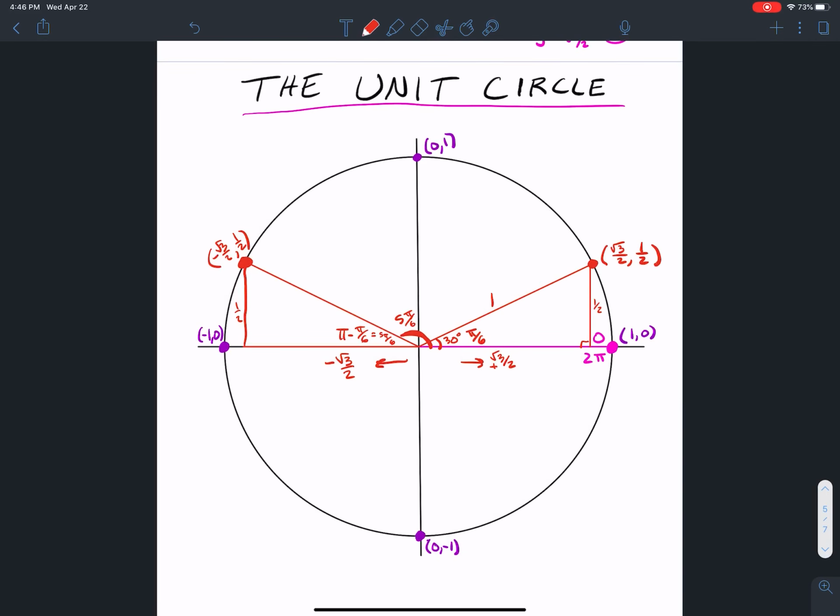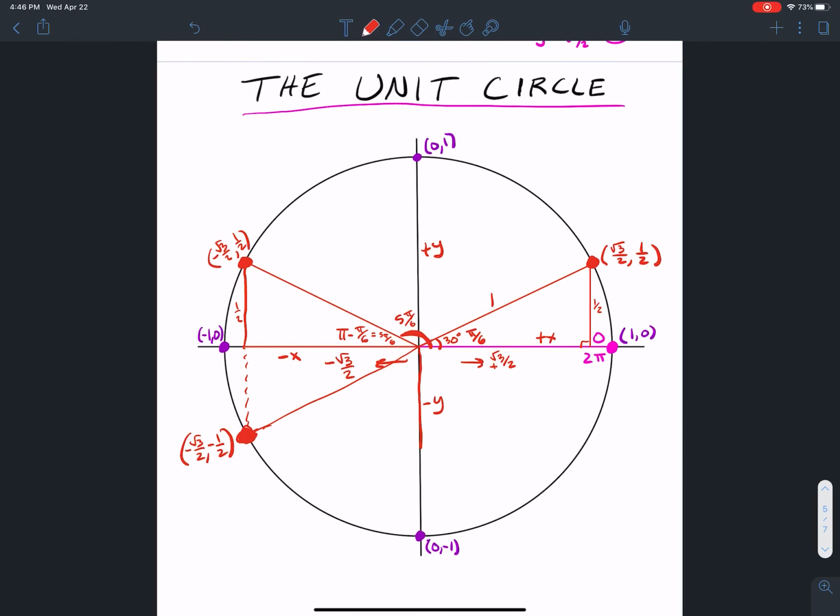Now, for this right here, down here, what's going on here? How is this one related to this one over here? Well, over here I have positive x and positive y. Over here I have a negative x and a negative y. So this point here is negative square root 3 over 2, comma, negative 1/2.